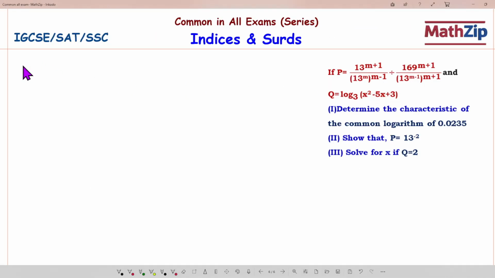Number 2, show that P equals 13 to the power minus 3.